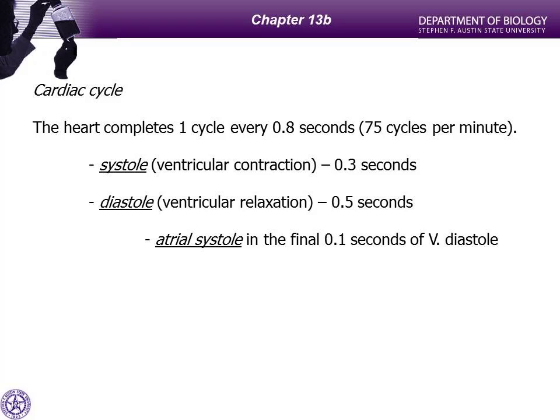But now we throw in atrial contraction. So now it's like contraction, relax. Atria contracts, contraction, relax. See how we're just doing it right before the ventricles contract? And so in that last 1/10 of a second, the atria are going to contract and squeeze just the last little bit of blood that was in the atria into the ventricles right before they contract as a whole.